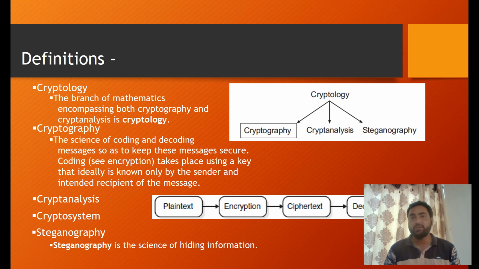If they penetrate the network and access your message, the message is in a totally ununderstandable format. If the attacker accesses the message, still he is not able to understand what the message conveys.